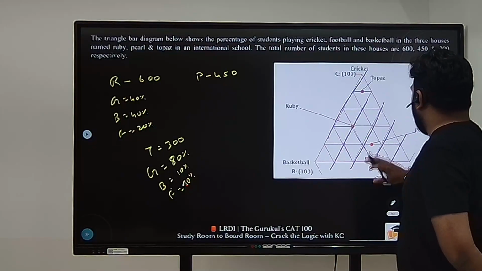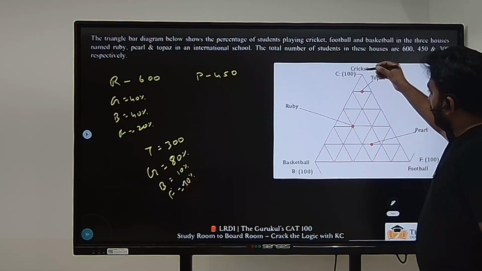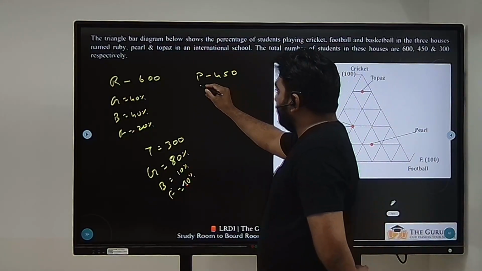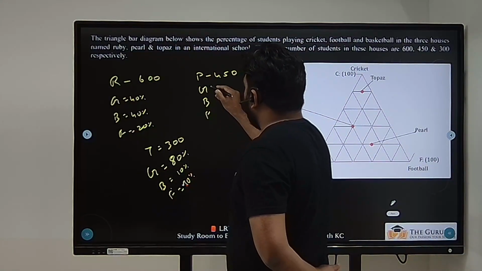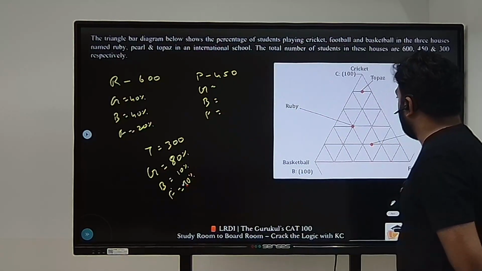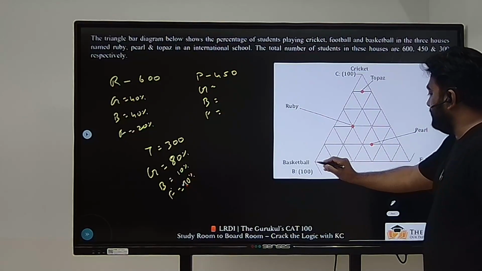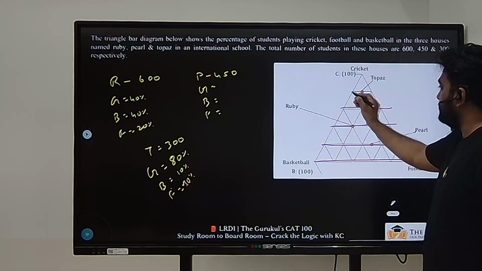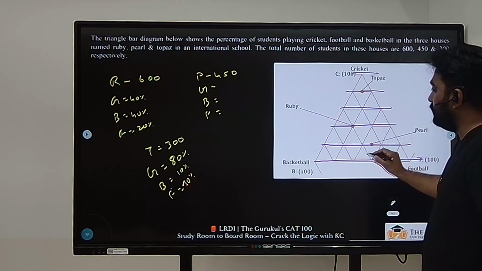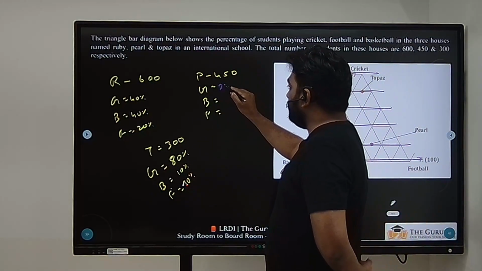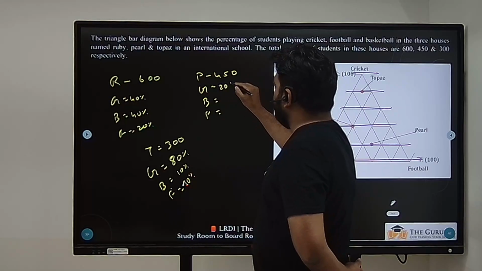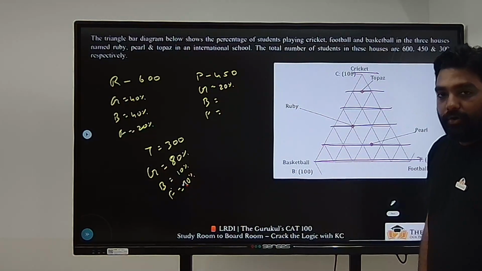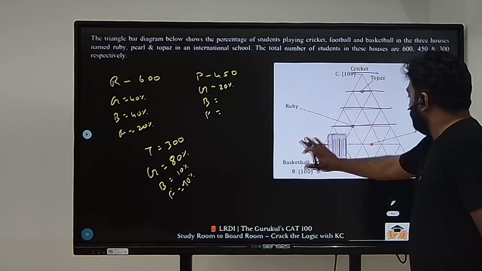Now let's look at Pearl. What is happening for Pearl? We are starting with cricket and then basketball and then football. So let's see for cricket. This is 0, 20, 40, 60, 80, 100. This is on 20 line. So cricket is 20%. Now what is happening for basketball?